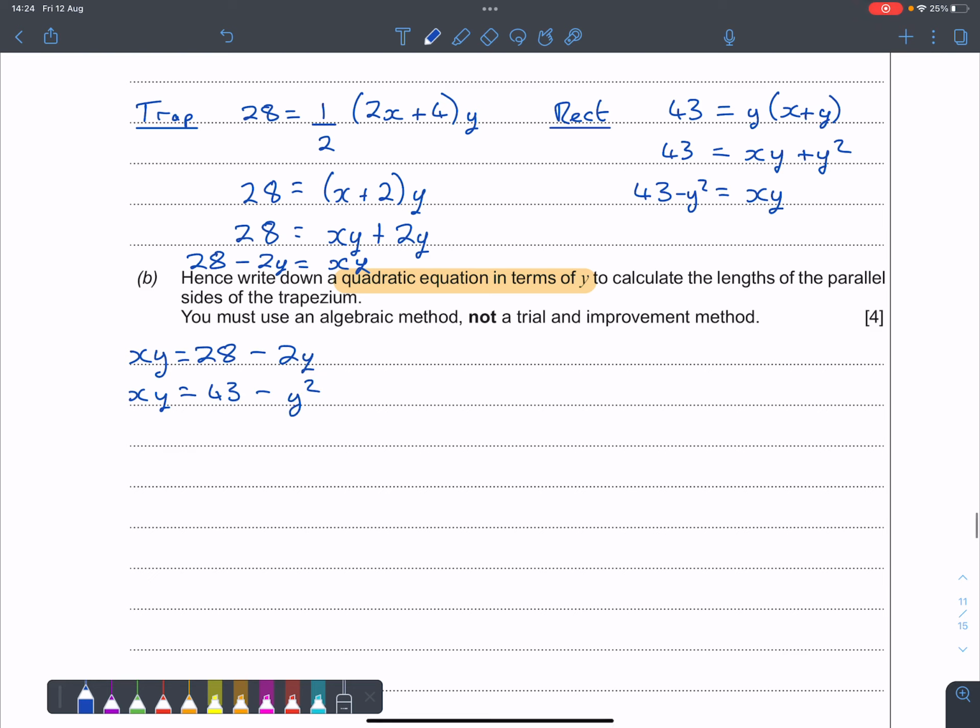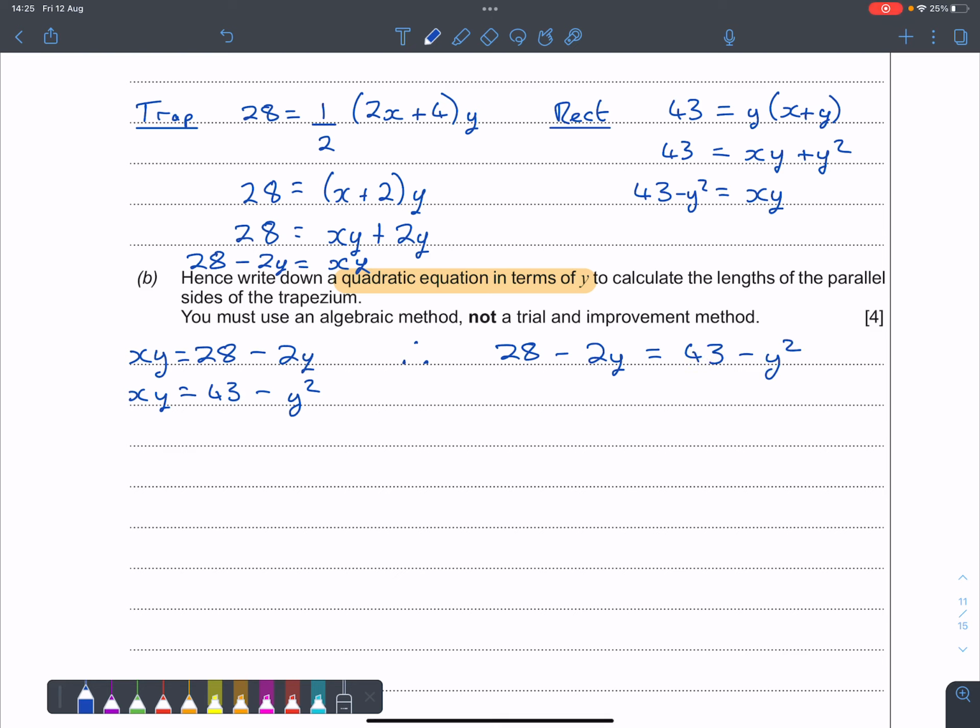So what we have is two expressions that both equal xy, and they're both the same xy, which means that these two expressions, the 28 minus 2y and the 43 minus y squared, both equal the same thing, so they must be equal to each other. So I can say that 28 minus 2y equals 43 minus y squared.